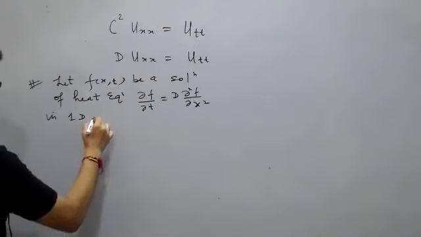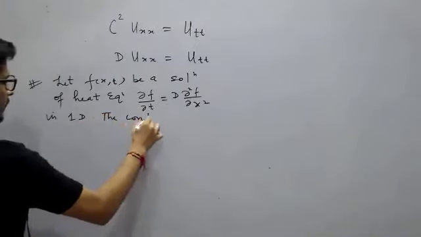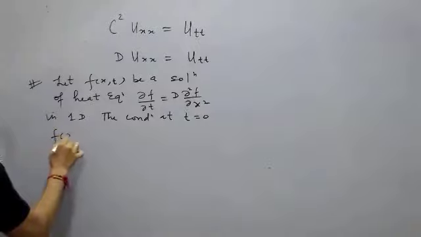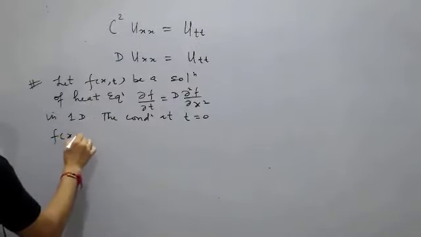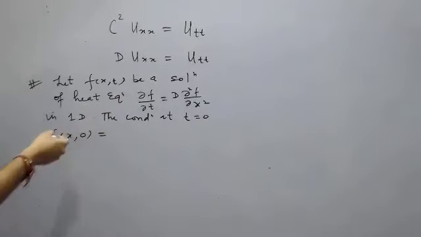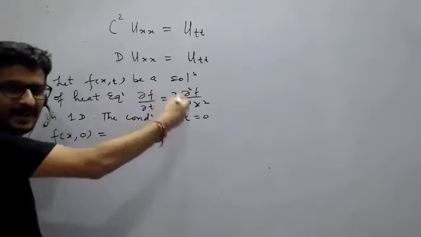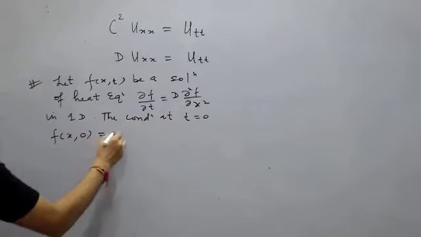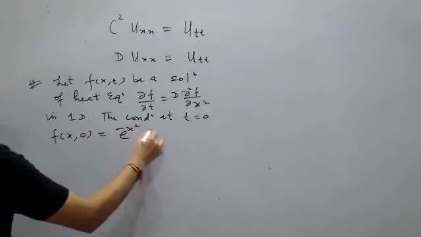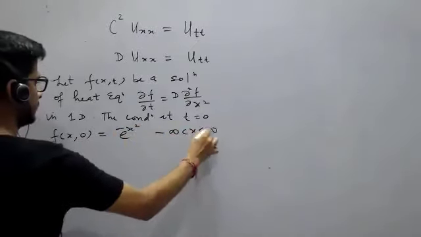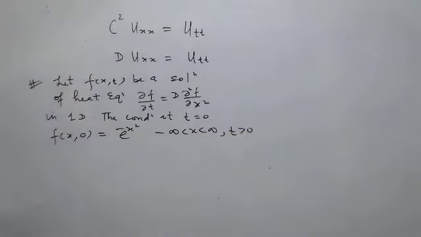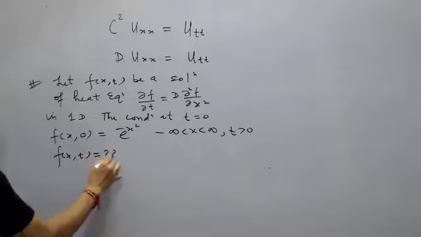The condition at t is equal to 0, what is that? f(x). f(x,0). Here f is the function, so we used to take u here, but in the question itself f is given, so we have to take f. We have no choice. So f(x,0) is equal to e to the power minus x square, and this is given when t is greater than 0. So you have to calculate f(x,t) is equal to question mark.